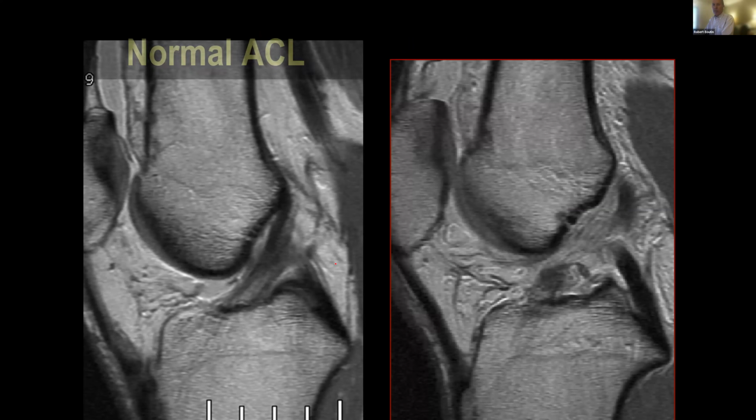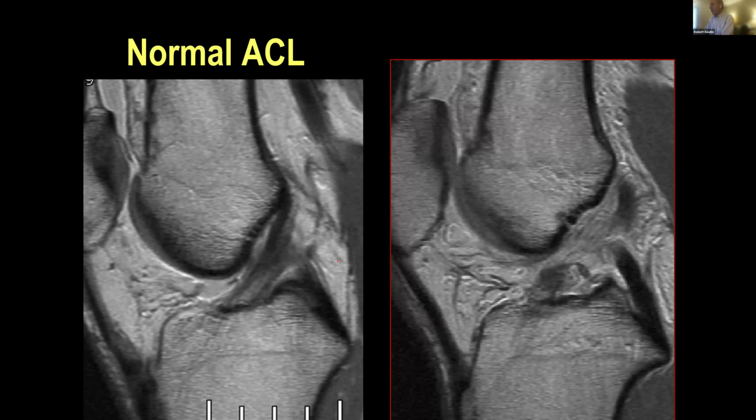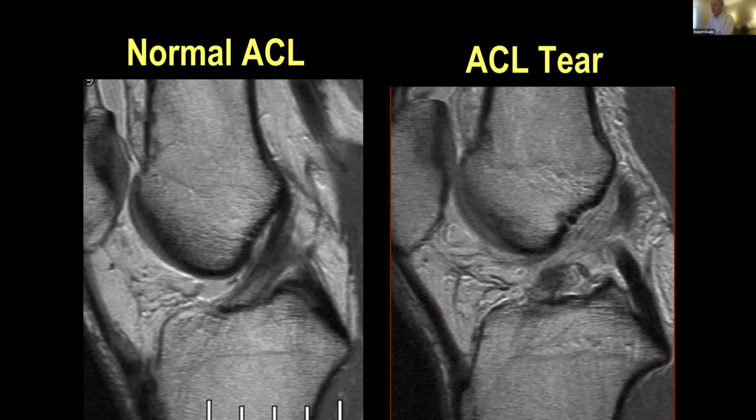One other quick thing to show here is we'll look at a couple of ACLs in a second. Here's a nice normal anterior cruciate ligament. It's parallel or even a little steeper than the roof of Blumensaat's line. It's nice and taut. Normal signal intensity. A lot of times you get a little bit of signal distally as it flares out to attach on the tibia.